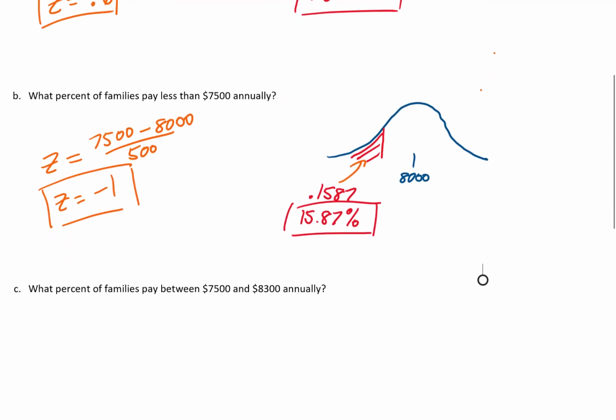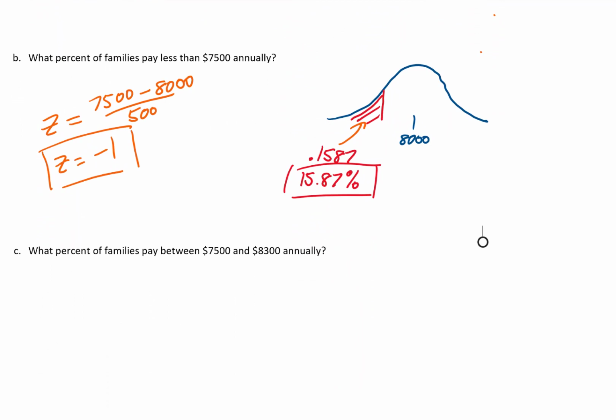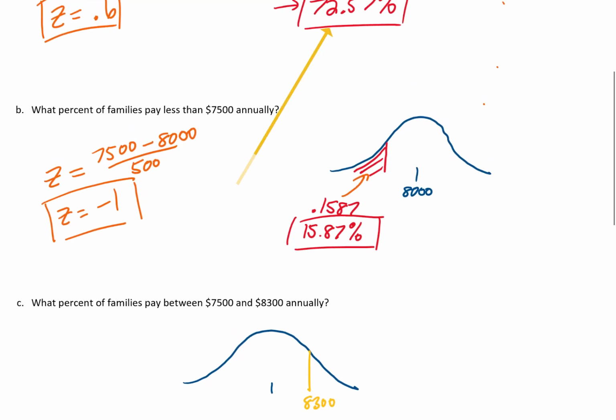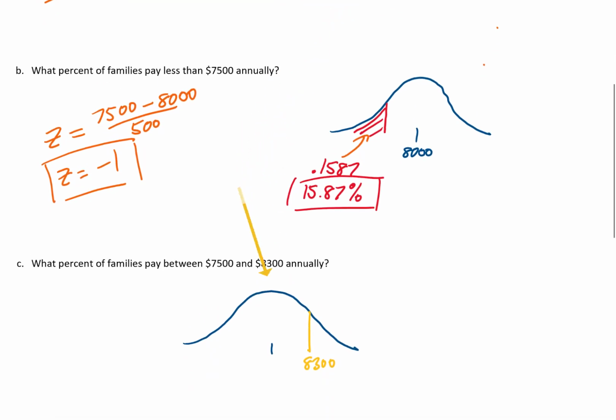Next question, what percentage of families are paying between $7,500 and $8,300? Well, I think that we actually have all the information that we need already. In the first part of this problem, we found that 72.57% of the data was below 8,300. In the second part of this problem, we found that 15.87% of the data was below 7,500.